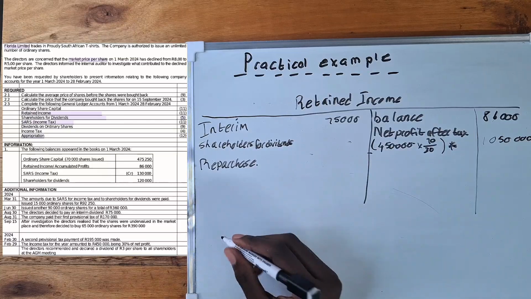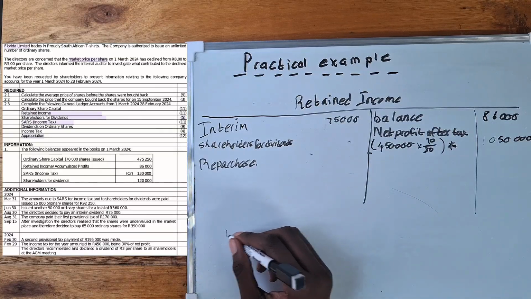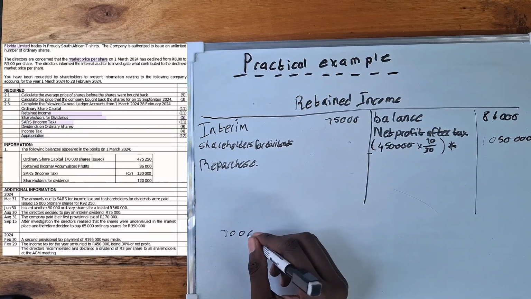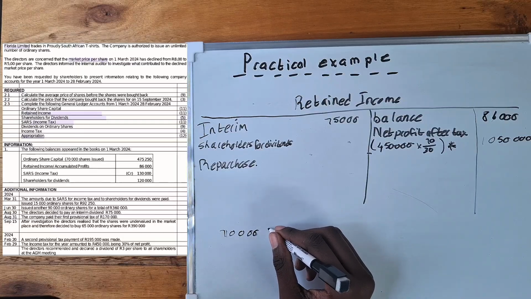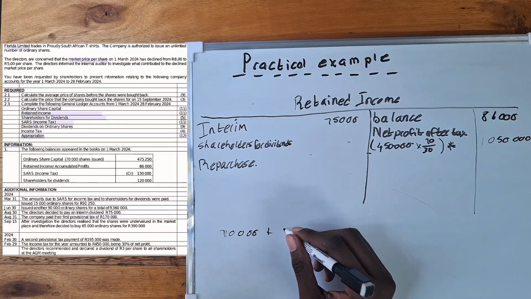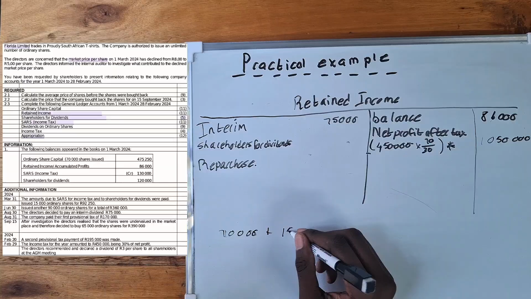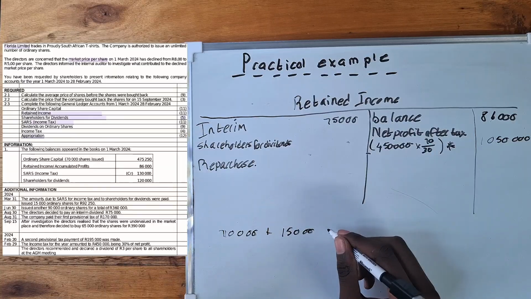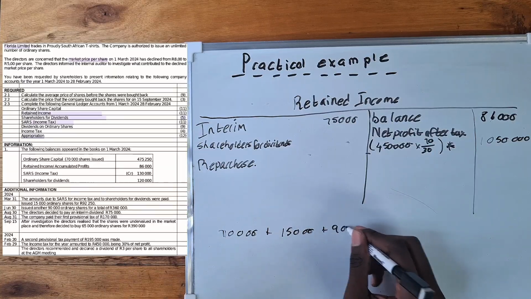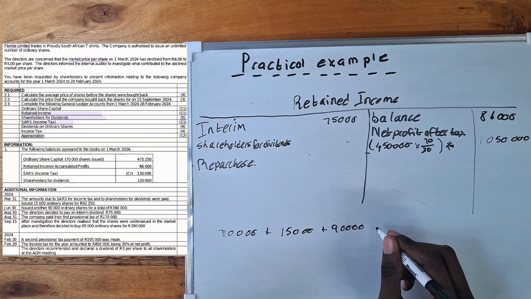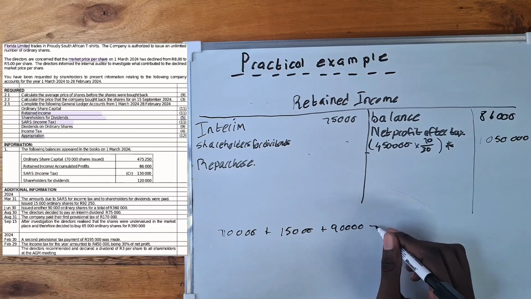So we know that at the beginning, we had 70,000 shares, right? Then we went on to give out even more shares of 15,000, right? And we went on again to give shares of 90,000, right? Then we bought back 65,000 shares.